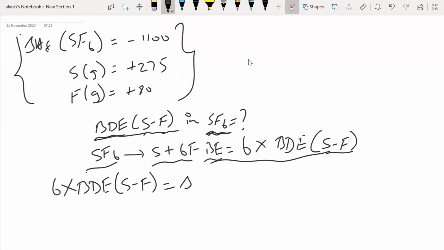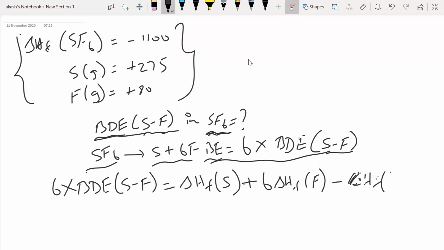So I can write it as delta HF of S sulfur atom plus 6 into enthalpy of formation of fluorine atom, because I have 6F here, and coming back to the reactants minus enthalpy, oh god.